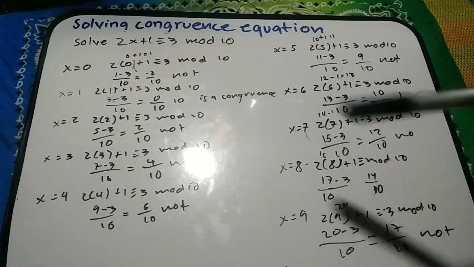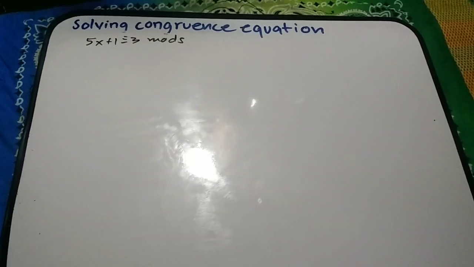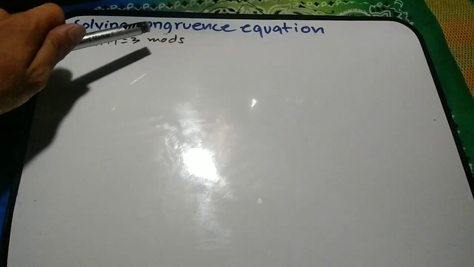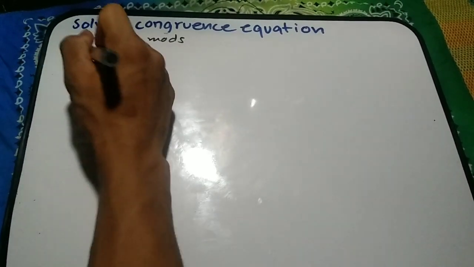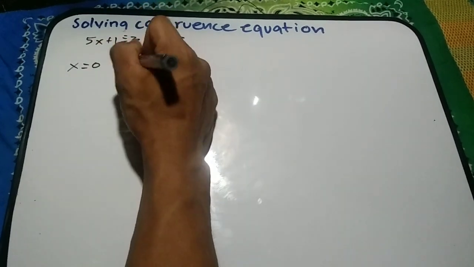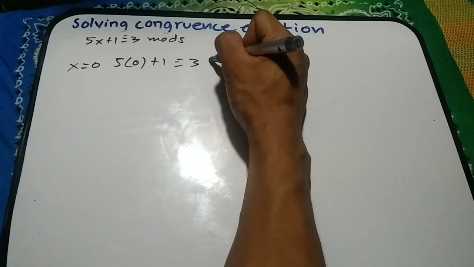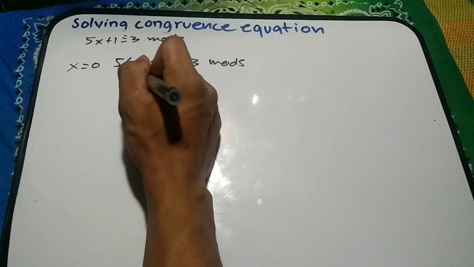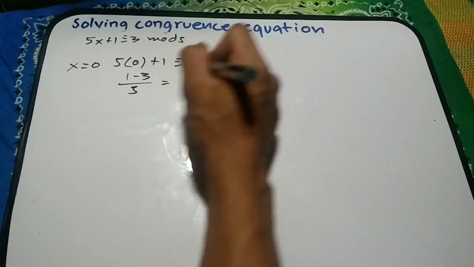By repeatedly adding the modulus 10, the solutions are 11, 16, and so on. Not all congruences have a solution. For instance, 5x plus 1 congruent to 3 mod 5 has no solution. Why? If x is equal to 0, 5 times 0 plus 1 is congruent to 3 mod 5. 0 plus 1 is 1, minus 3 over 5 equals negative 2.